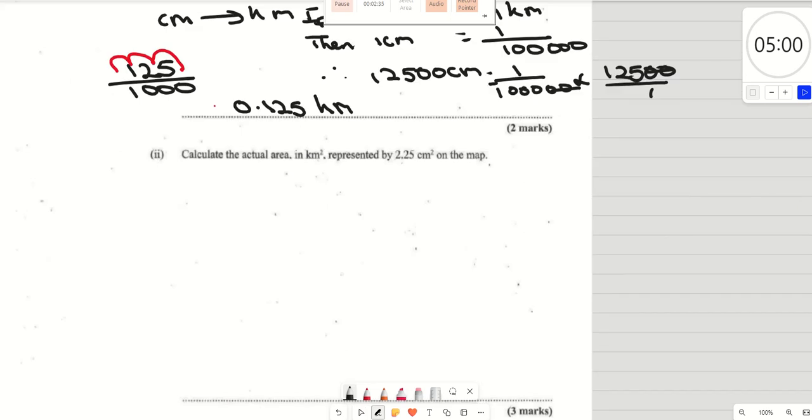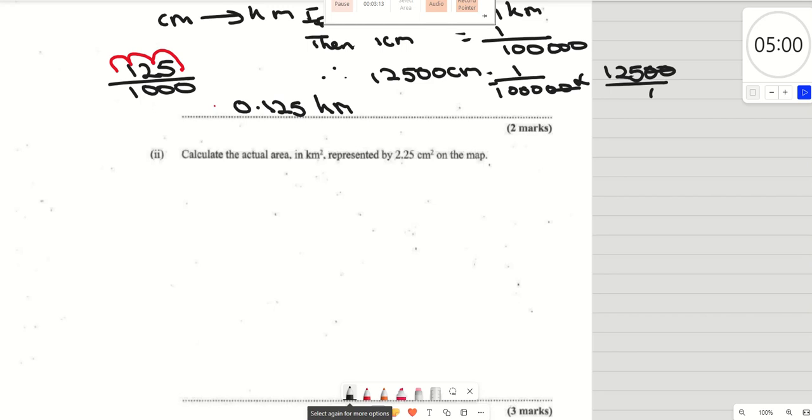So they said calculate the actual area in kilometers squared represented by the 2.25 centimeters squared on a map. So we are going from centimeters squared to kilometers squared.